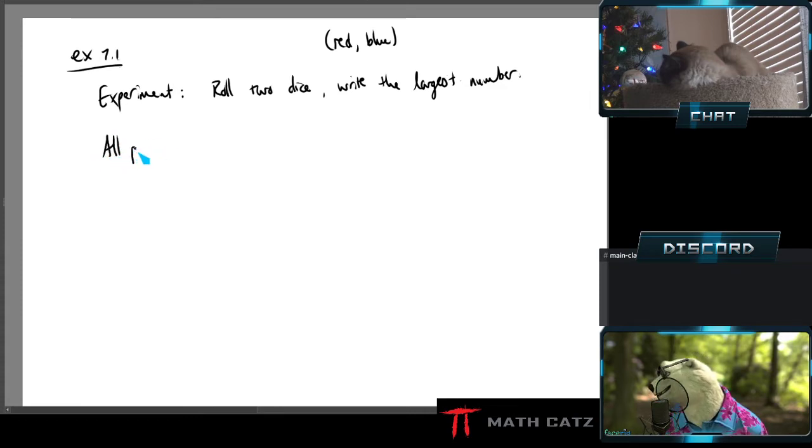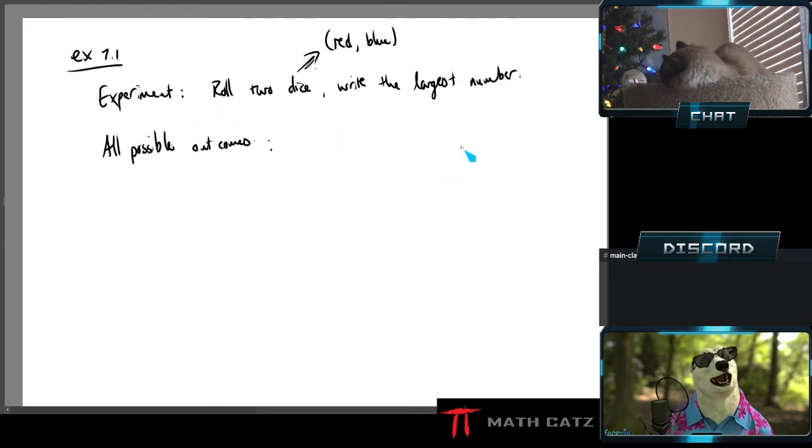So let's write down all possible outcomes. And this is why I say that it's very important to understand what we are doing, what we are writing down. I think of myself as a scientist in a white lab coat, and we're rolling these two very important dice.